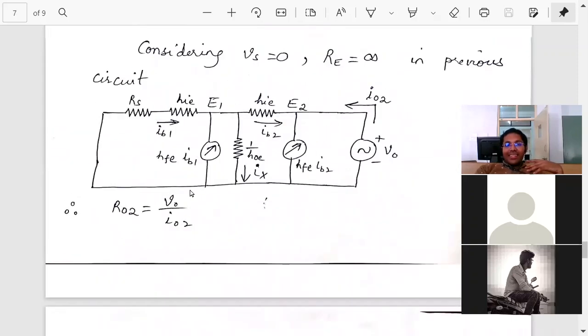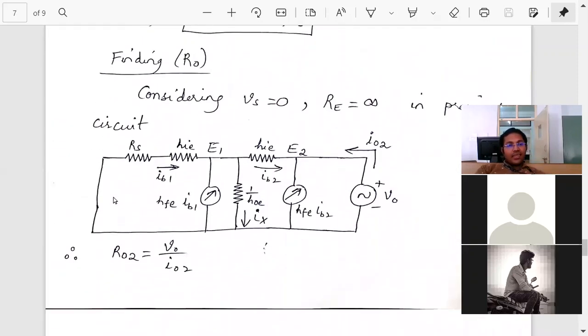So where else do I have IX? See this loop. Very easy loop, because you can see this as a single resistor of value 1 by HOE. So again, resistor, current. So KVL: sum of voltages in this loop is equal to 0. Can anybody tell me what is the KVL for this loop?